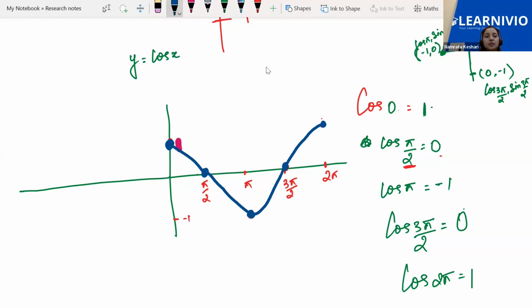Let's continue the same on the other side also, because we understand that cos of minus pi by 2 will be just like cos of pi by 2. Yes or no, Ali and Alina? Cos of minus theta is just cos theta, right?